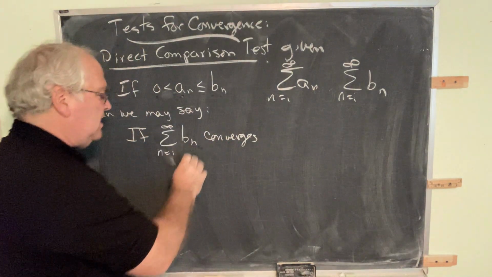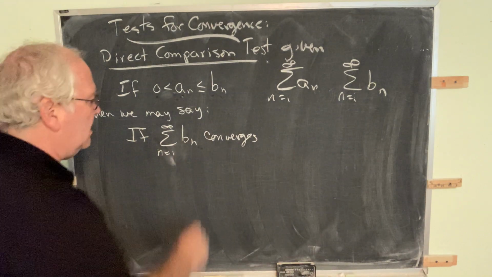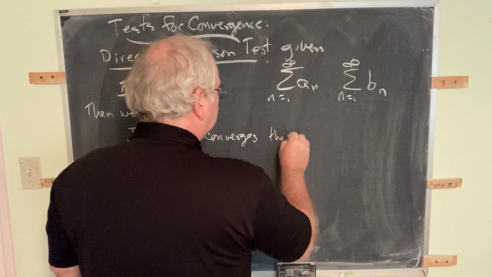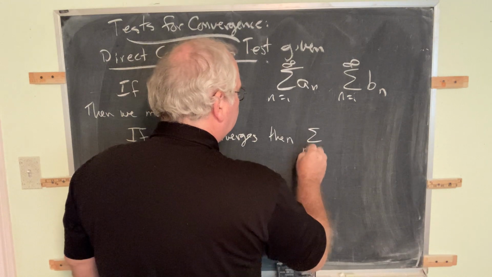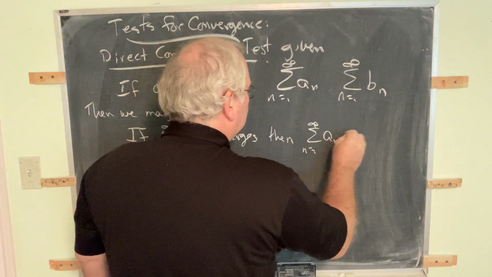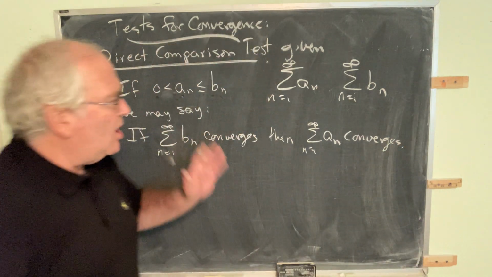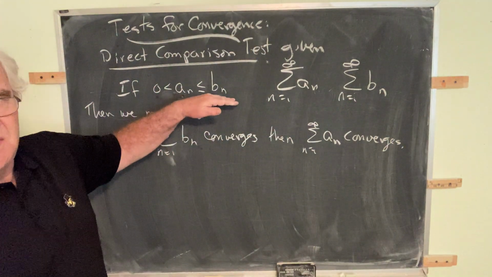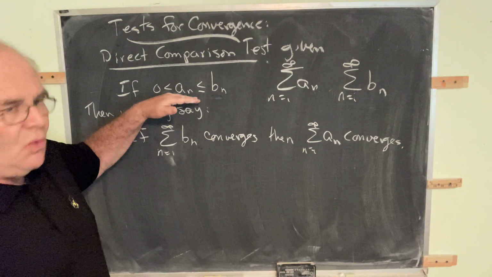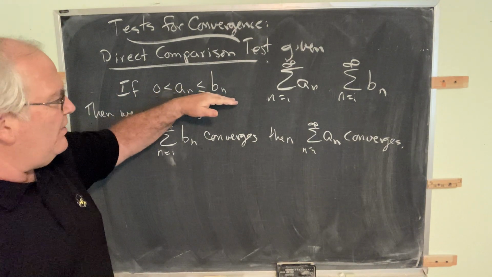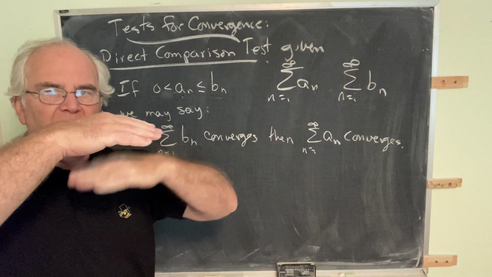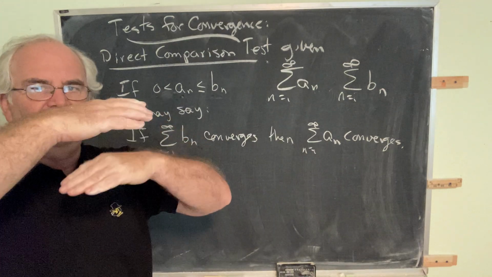It's this squeezing theorem effect that's happening here. Then the sum of a_n converges. So, suppose you know that the large series is well behaved. This is corralled between 0 and the well behaved. It must also be well behaved. It cannot escape off to infinity.